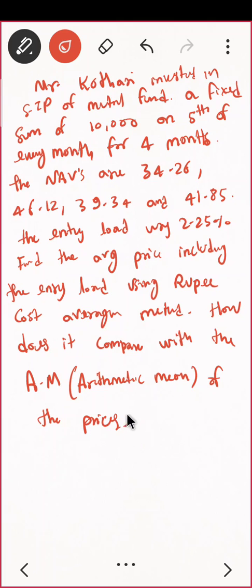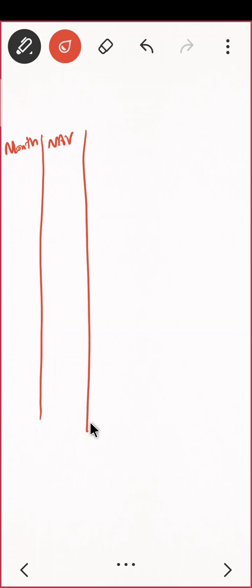Okay, I'll just start. What is the first condition? You have to make a table. The table will start with month. What is next? NAV. Entry load is given, correct? So let us calculate the entry load for each NAV.